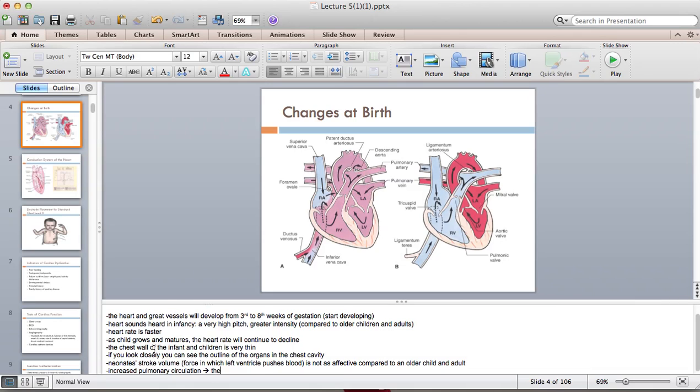We don't have any air exchange in the lungs, and they are filled with fluid. So the resistance of that circulation is very high. Pulmonary resistance to pulmonary circulation is increased.